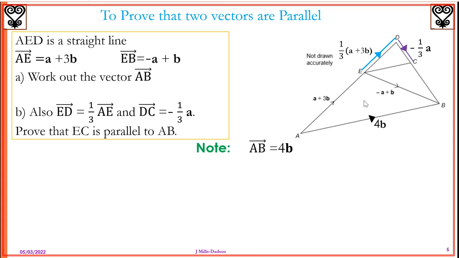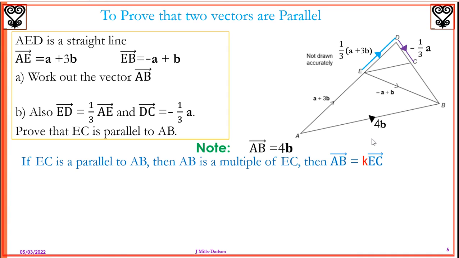So we can now work out EC and compare it with AB. And we know if EC is parallel to this AB, then vector AB must be a multiple of EC. And we know vector EC is ED plus DC. So you just have to write exactly what we see. Going along the vector, nothing changes.